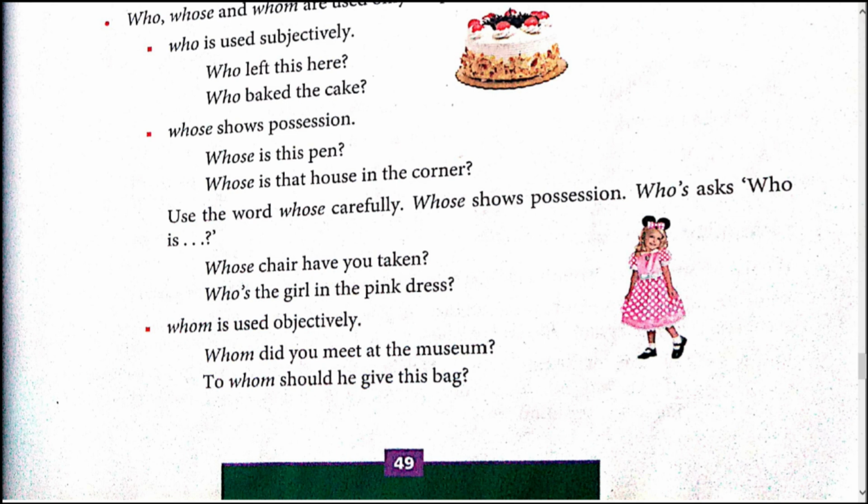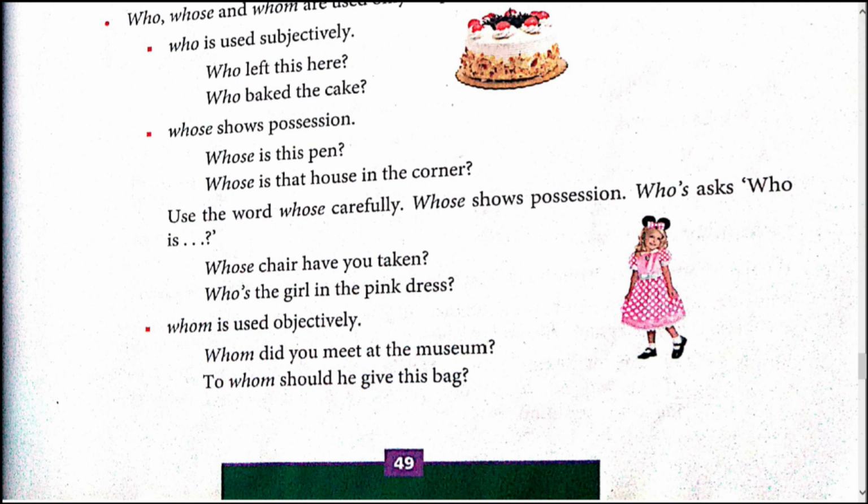Whose chair have you taken? Here it is a belonging, the chair of someone you have taken, so you will use whose. And next one is, who's the girl in the pink dress? Here you're talking of a girl, and asking who she is. So you'll use who. Who is used for human beings and whose is used for possession.